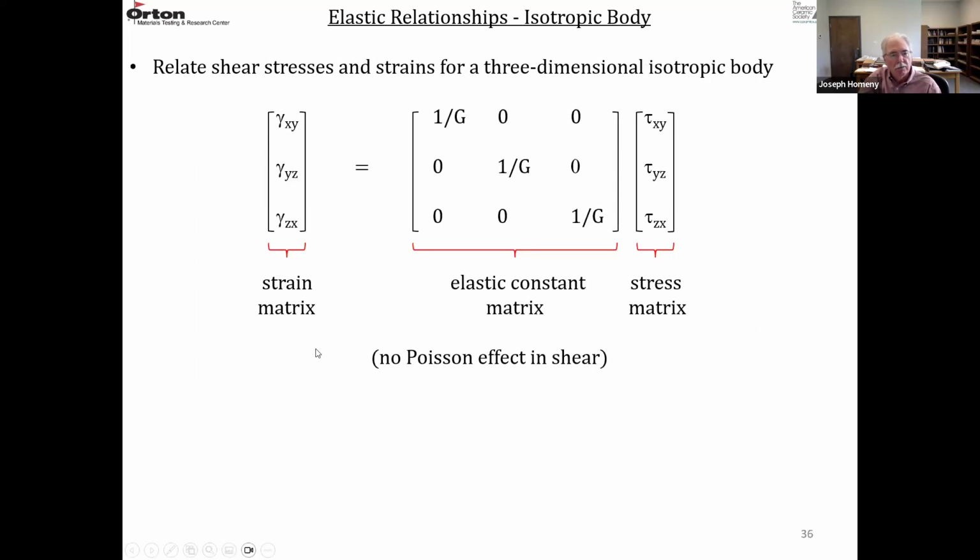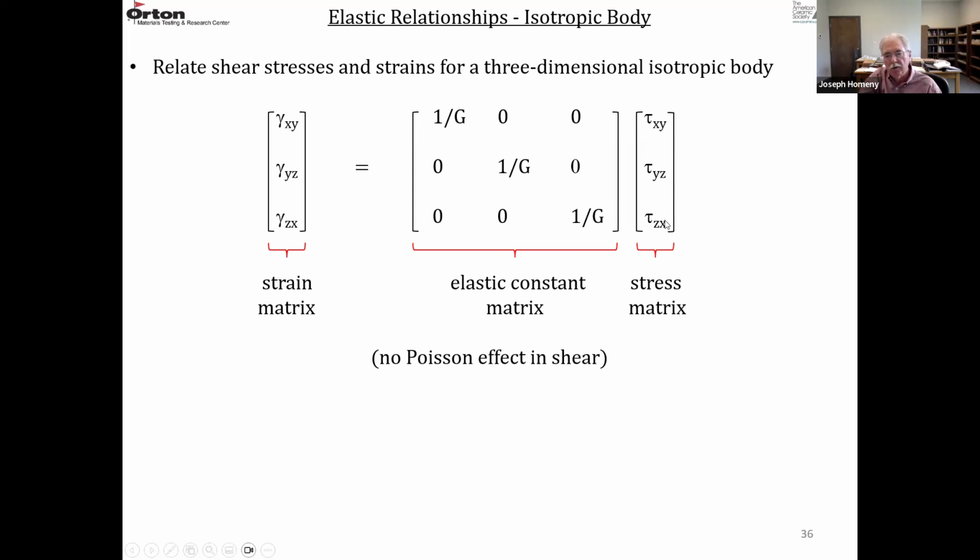You can do the same thing for shear stresses and strains. You have a shear strain matrix, a shear stress matrix, and the elastic constants. The main diagonal is where you have the shear elastic modulus G, but there's no Poisson effect in shear, so these off diagonal points are zero.